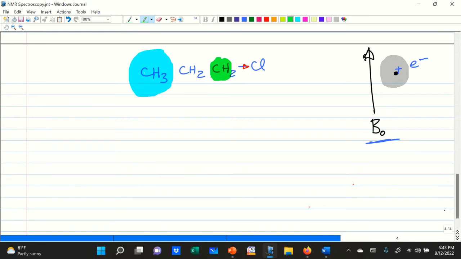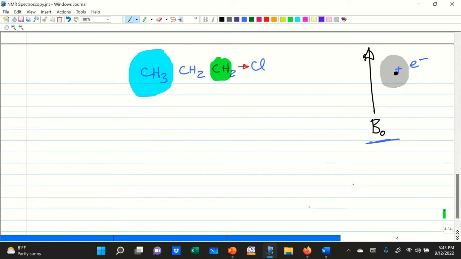If it pulls, that reduces the electron density or electron cloud density. Therefore, shielding is diminished to a great extent. Whereas the blue hydrogen that is far away is not diminished at all. So the hydrogen in blue is the most shielded. The hydrogen in green is the least shielded, because chlorine is pulling that electron cloud.